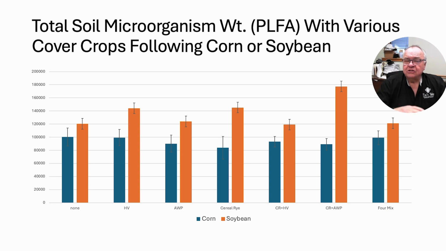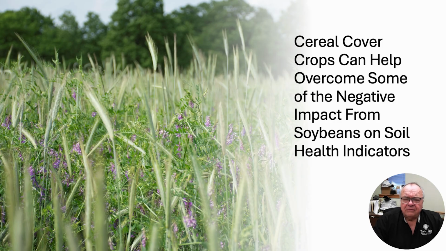So maybe what this is showing us then is that yes, there are a lot of microorganisms, but they're not very active. Maybe there's not enough carbon or nitrogen in the soil to sustain them, so they don't have that good activity, even though they are there. So our conclusion then is that our cereal cover crops can help overcome some of the negative impact on our soil health indicators when soybeans are in the phase of a rotation.